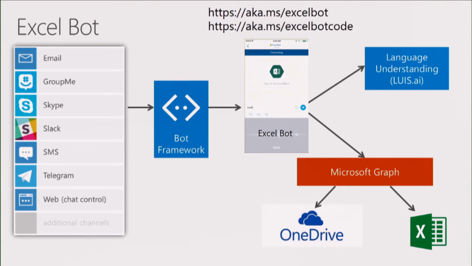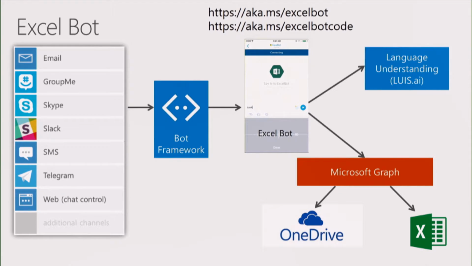OK. So what happened there was we have the Excel bot, which can work on any platform. It's using the bot framework, and it's using LUIS.ai, which is the language understanding framework for the bot, that takes the natural language query and calculates the intent of the user.